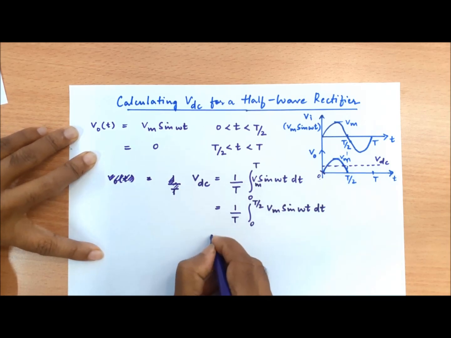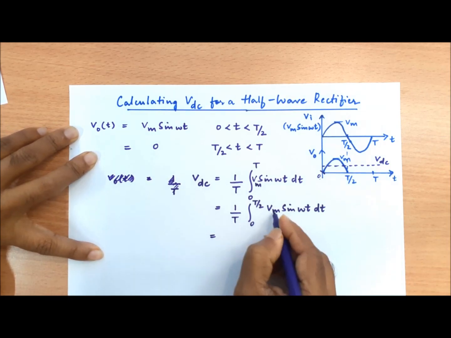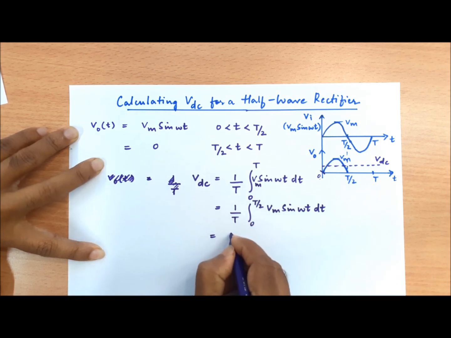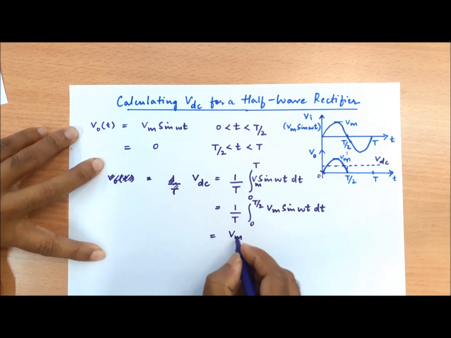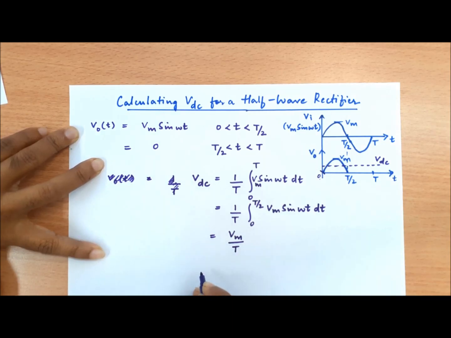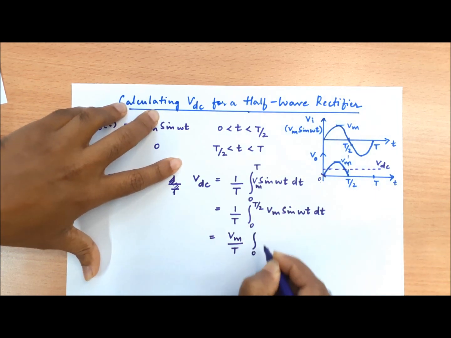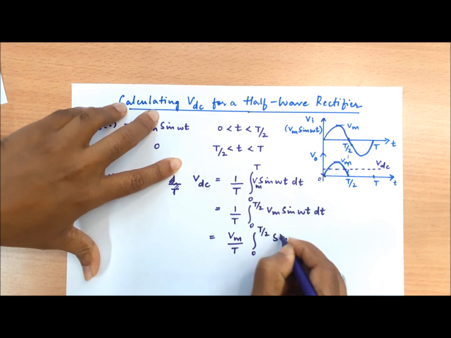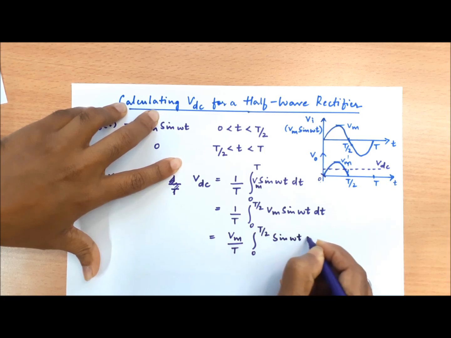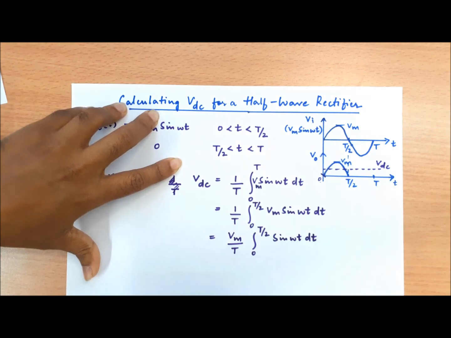Further, Vm is a constant voltage, so I can take it outside the integral sign. Vm upon T, integration from 0 to T by 2 of sine omega t dt.